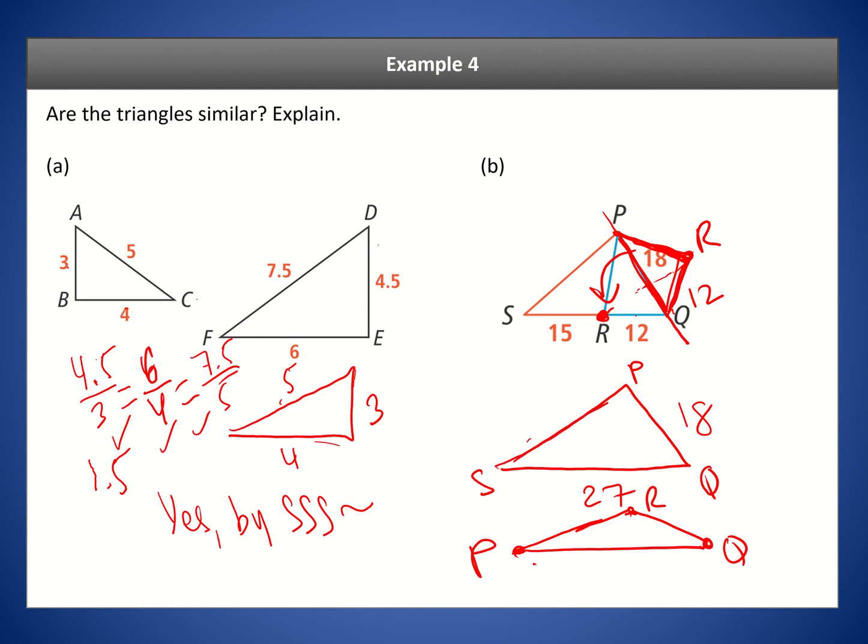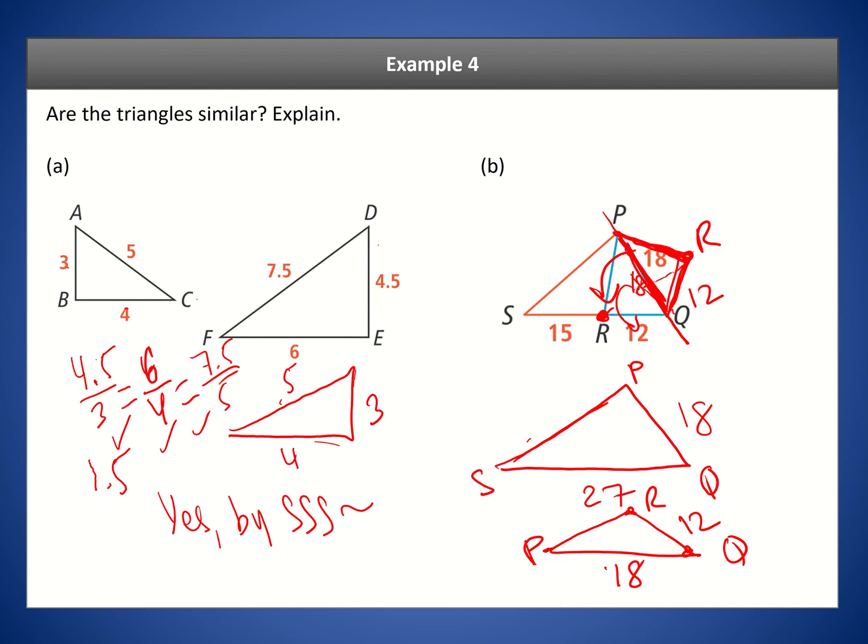This one is supposed to be bigger. So I'll try to draw it a little smaller. Okay, so there's my triangle, and this is point P. We know that this is 12 and this is 18, because that 18 was this side and it got rotated downward.